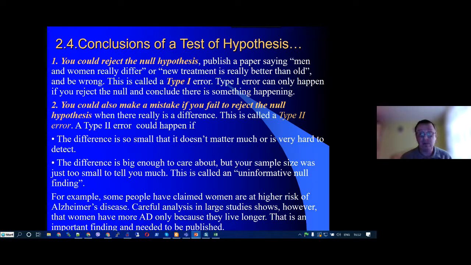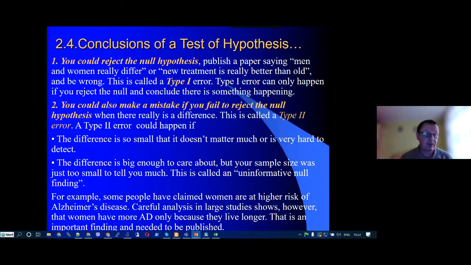That's called a type 1 error. It only happens if you reject the null hypothesis and conclude that something happened when in fact it did not, or it may happen, but not in all cases. And we can make a mistake and fail to reject the null hypothesis when there is really a difference. That's called a type 2 error.